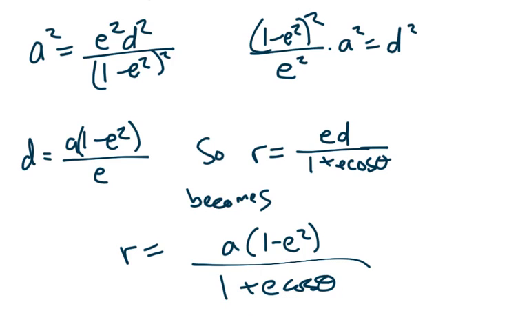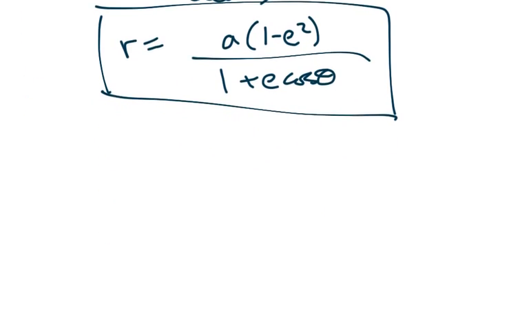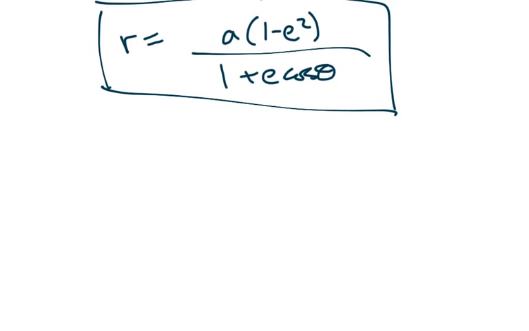We've eliminated d, which is not helpful for finding equations or tracking the ellipse through space. And this, the way we've chosen it, is going to have directrix x equals, instead of d, we've gotten rid of d, but we're going to use something that's equal to d.